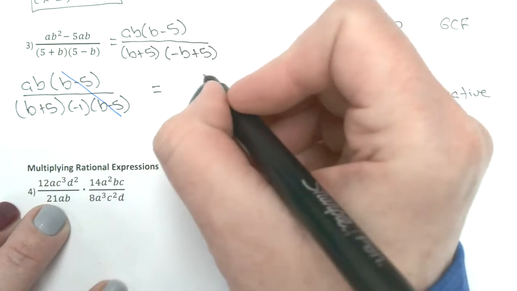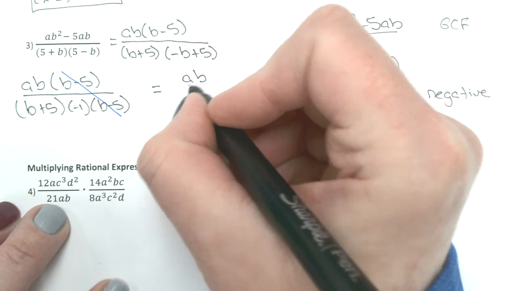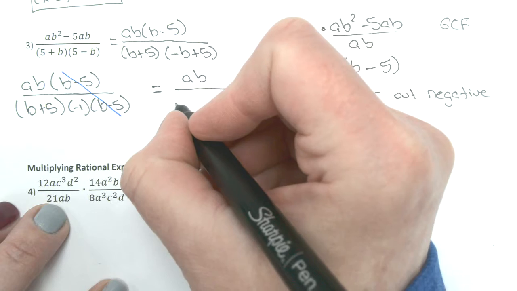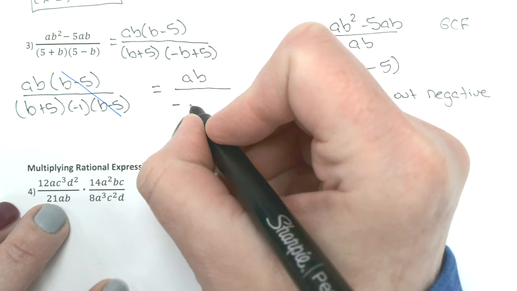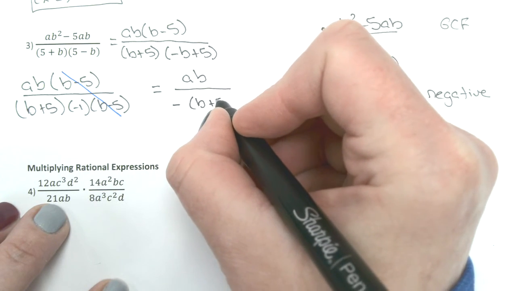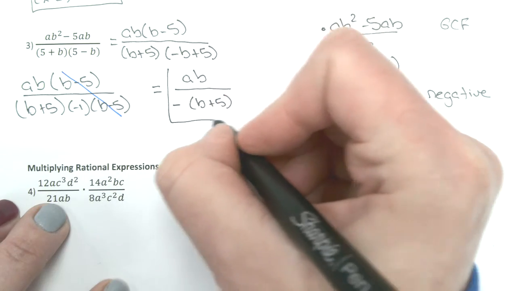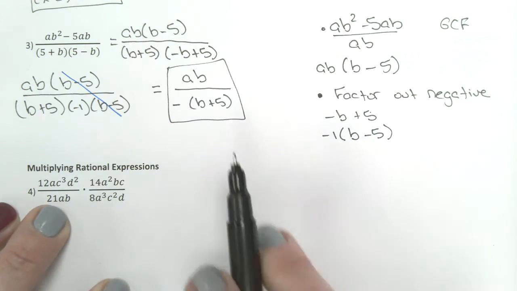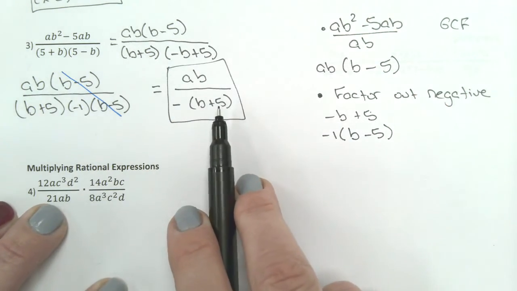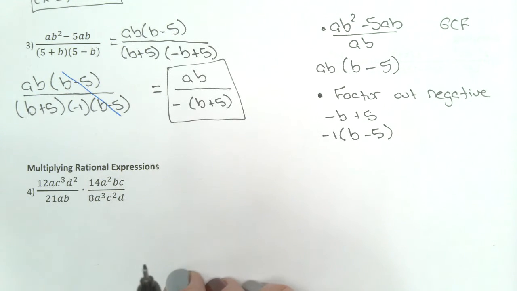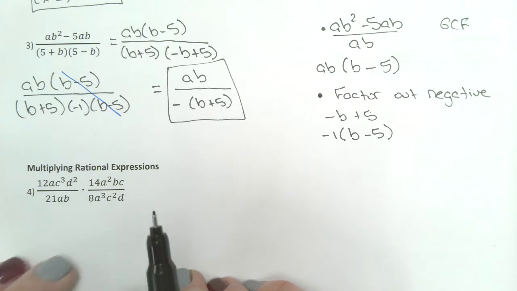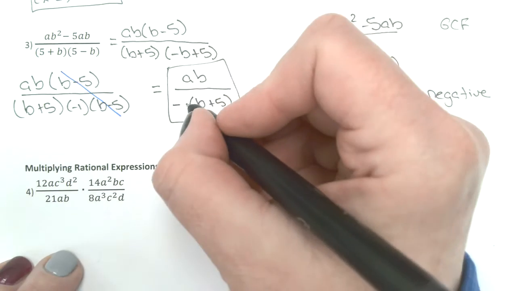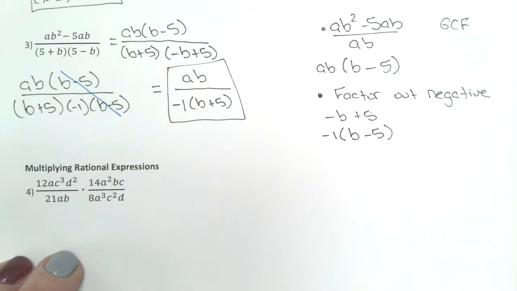So then my final answer is AB over, I'd probably pull that negative out in front, negative parenthesis B plus 5. In this section, it would be the norm to just leave everything in its factored state. I would never distribute that. If you wanted to put a negative 1 there instead of a negative, that's okay too. Either one works.